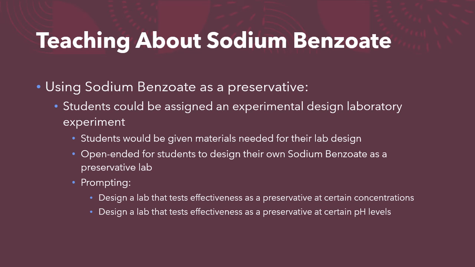A couple of hints that I would give them would be that they could either design a lab that tests the effectiveness as a preservative at certain concentrations of sodium benzoate, or design a lab that tests the effectiveness as a preservative at certain pH levels. We see that sodium benzoate is very effective at lower pHs, but at higher pHs, sometimes sodium benzoate is not a very good preservative.